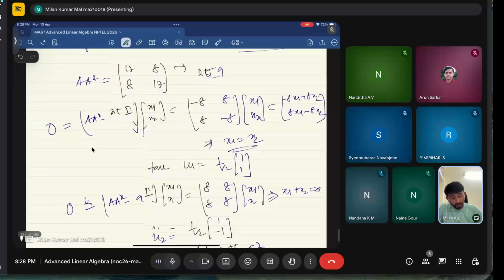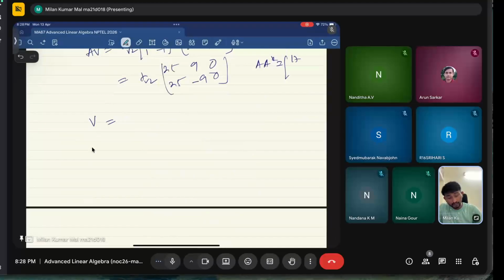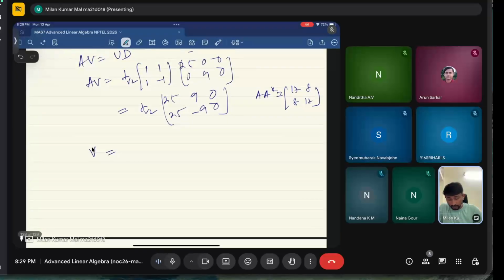Okay, that's okay. A star A is equal to 17, 8, 8, 17. So now if we multiply A star A, I can directly do, but I mean directly we have to do something.